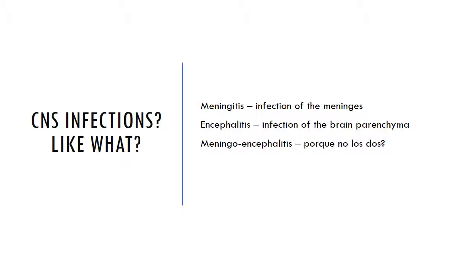We have meningoencephalitis, and that's an infection of both. And then we have brain abscesses. So that's just a walled off infection. And you'll see that has quite a variable presentation and a different presentation to meningitis and encephalitis in particular. So that's easy to distinguish.